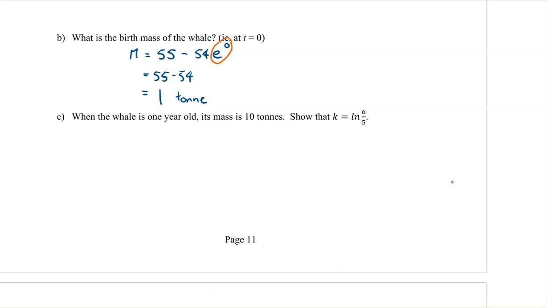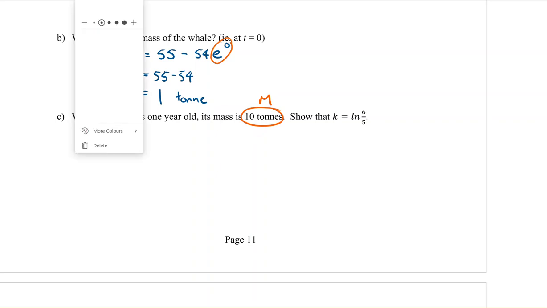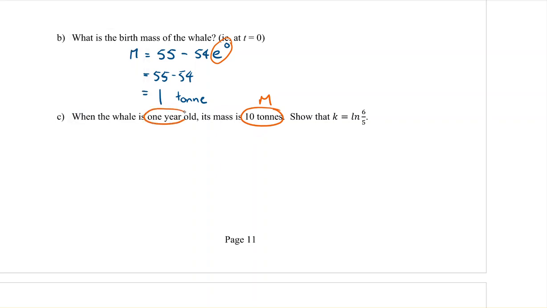Okay, so still into the mass equation, the 10 tons, that's going to be the mass. 1 year old, okay, that must be key as well. What was the units of my time? Yes, it was in years, so 1 year old, that's going to be the t.